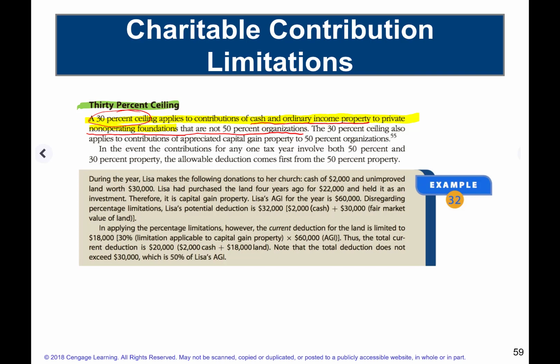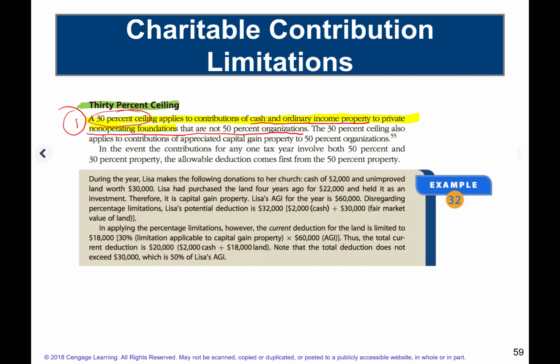But as a general rule, for this class, if we're seeing the entity as a non-operating foundation, it's going to be not a 50% private foundation, and we'll have that 30% ceiling. So that's one place the 30% applies, which is to contributions of cash and ordinary income to non-operating private foundations. They're going to limit you to 30% there.